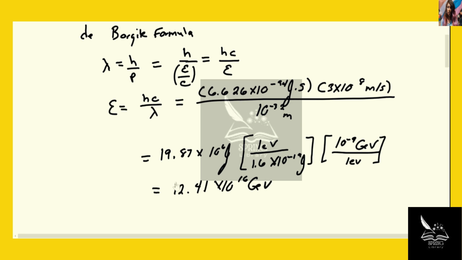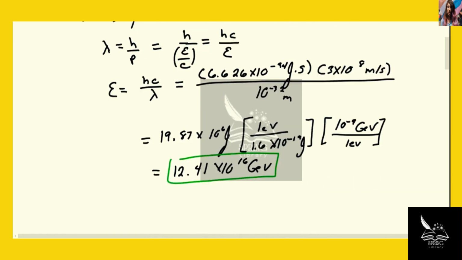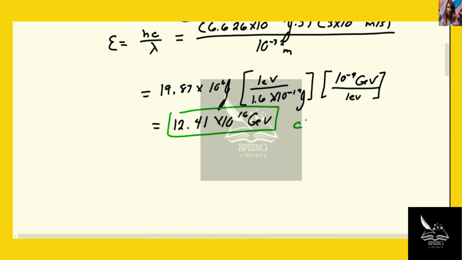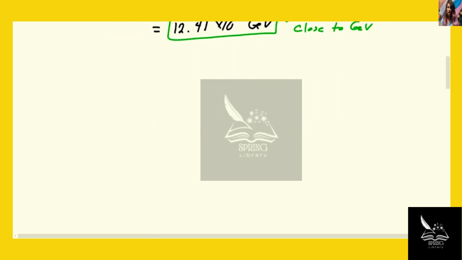And this works out because this and this are both close. So they're both close to 10 to the 16 GeV. That's okay. And I'm going to write down here, close to 10 to the 16 GeV. That's what we're going to mark there, okay?